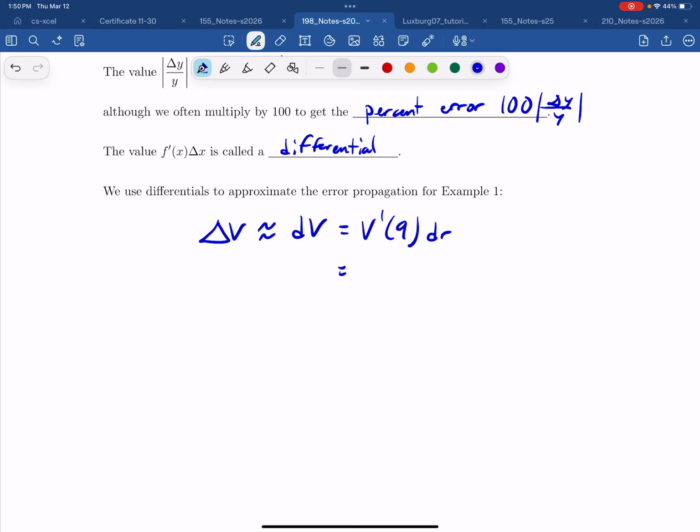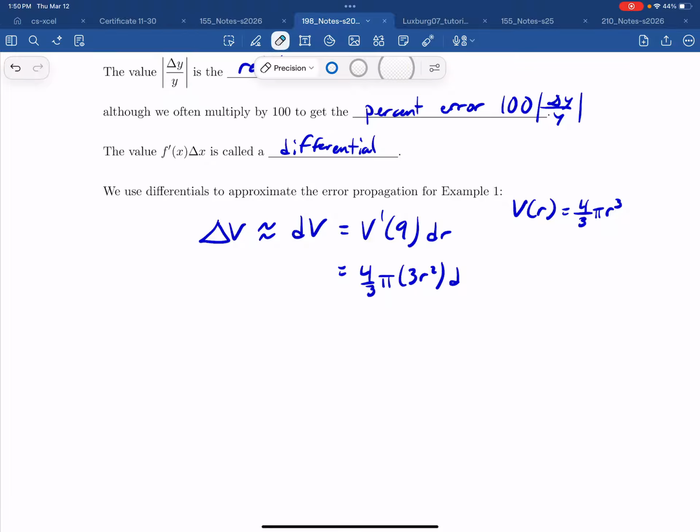Recall that v of r equals 4/3 pi r cubed, so this is going to be 4/3 pi times 3r squared dr. Or sorry, not dr yet. 4/3 pi r squared, plug in r equals 9, and then multiply it by dr.